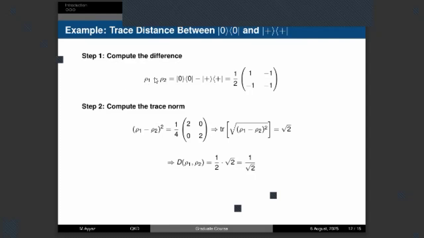First we calculate the density matrices and their subtraction, and then we can calculate the trace distance by using the singular values of the resulting matrix. We get the answer 1 over square root 2 as our trace distance between them, so these two states can be distinguished properly.